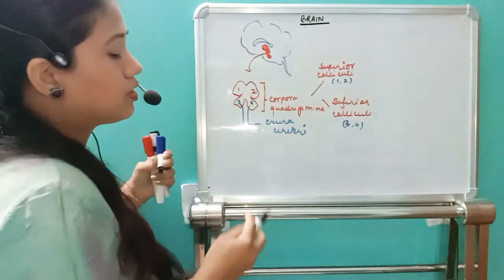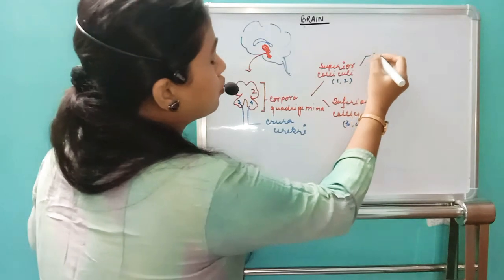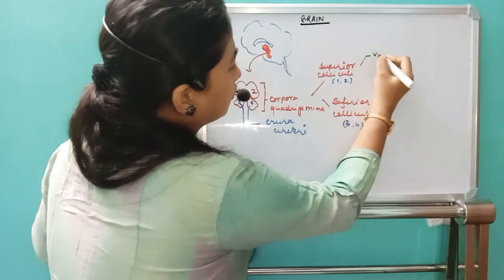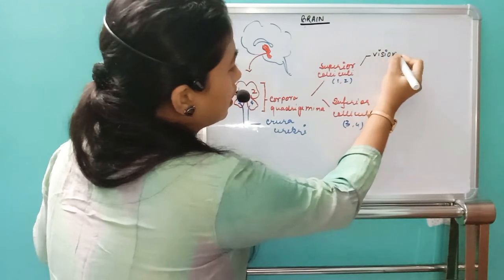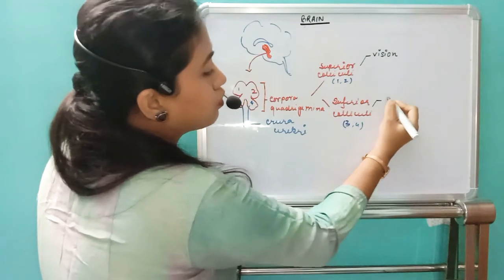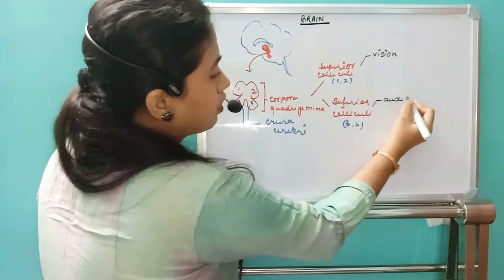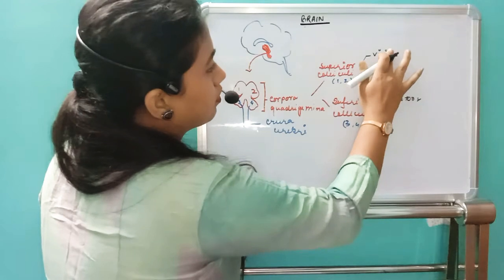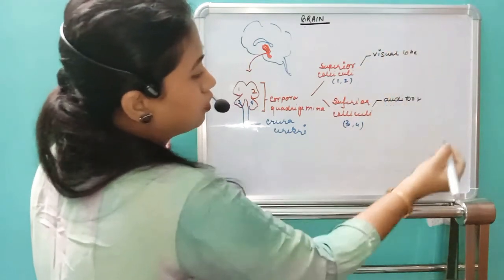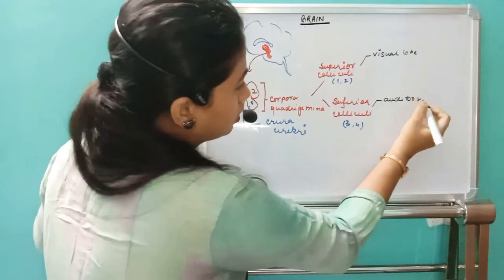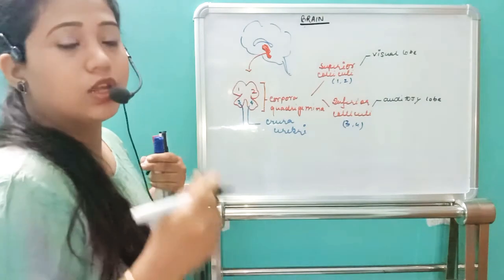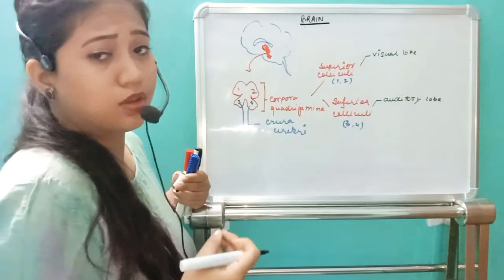The superior colliculi control our vision, and the inferior colliculi control our auditory function. So these are called the visual lobes and these are called the auditory lobes. The superior colliculi control our visual reflexes.